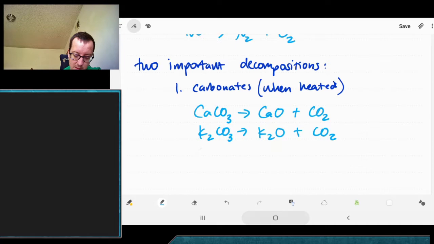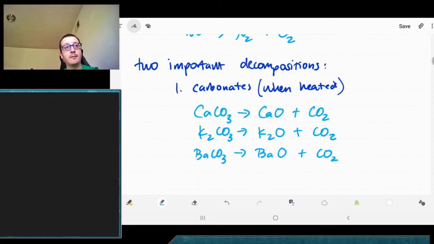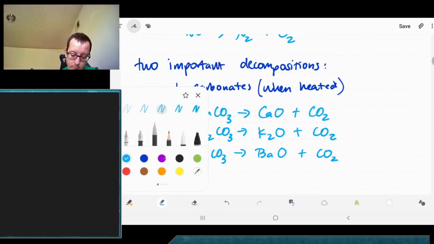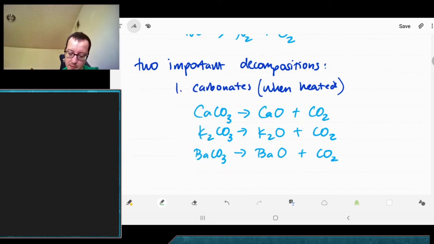How about, I don't know, barium carbonate? Get the same thing. You get the oxide out plus carbon dioxide. So these will always produce the metal oxide and your carbon dioxide.